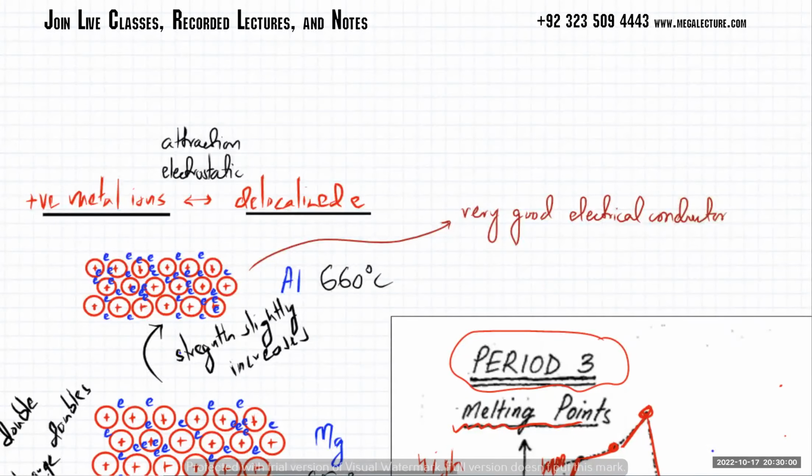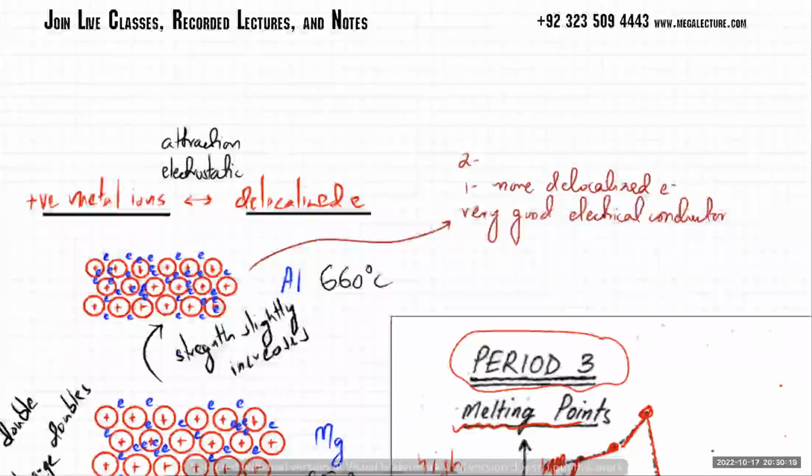So why does it have very good electrical properties? One, it's got more delocalized electrons. And number two is that it's very unreactive as well.